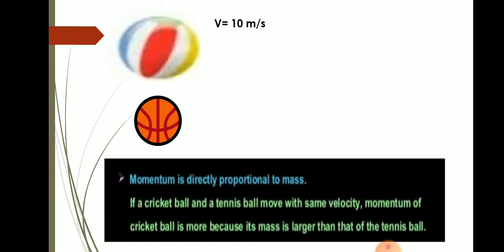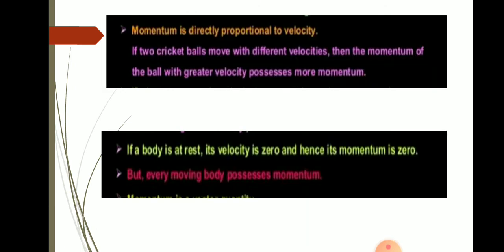Then whose momentum is higher, the object with higher speed or lower velocity? As momentum is directly proportional to velocity, the momentum of an object moving at higher velocity will be higher. Consider a cricket ball moving with different velocities. If a ball bowled by a fast bowler hits a batsman, it hurts him, right?